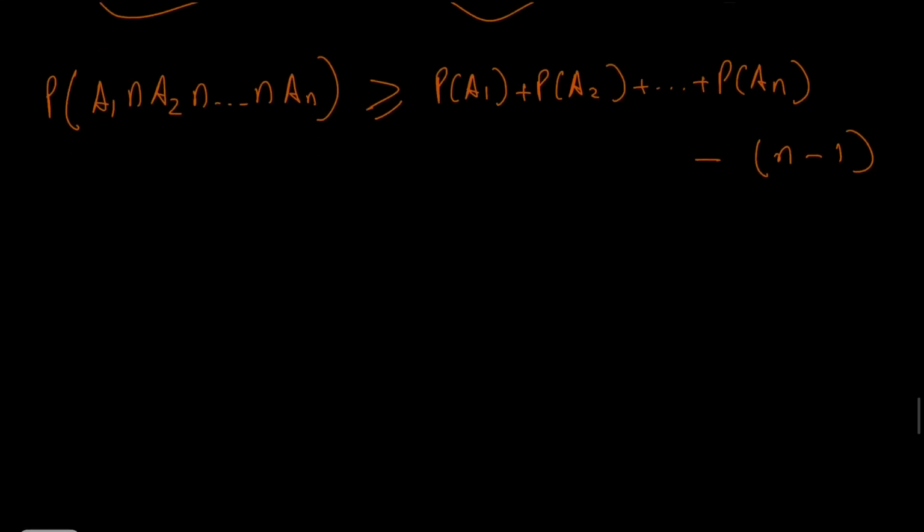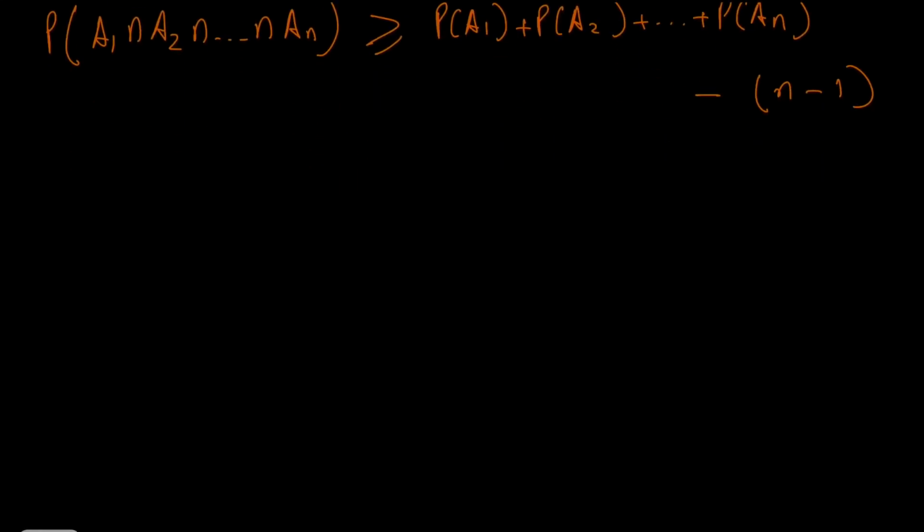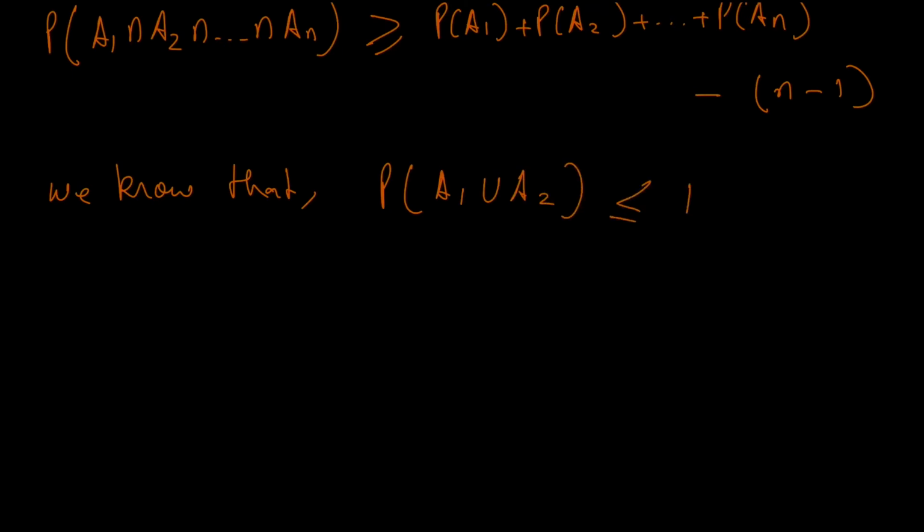Now we all know that any probability, in this case A1 union A2, will always be less than or equal to 1.